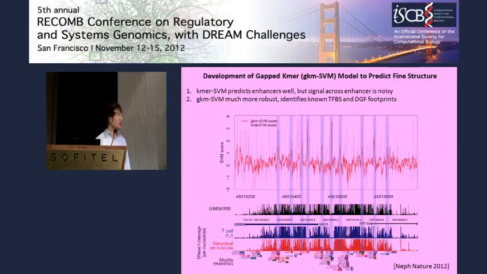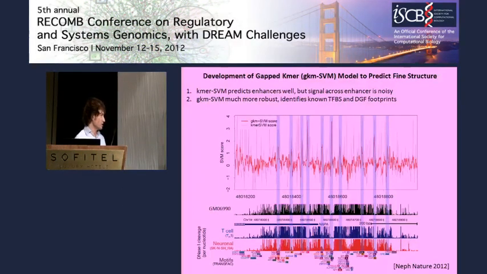So since then, we've developed a new model, which we call the gapped Kmers SVM, which is shown in red, which has a much clearer distinction between the positively scoring regions in the sequence and the background level scores in the sequence, and these high scoring peaks align very well with DNase digital footprinting, and also with known transcription factor binding sites.